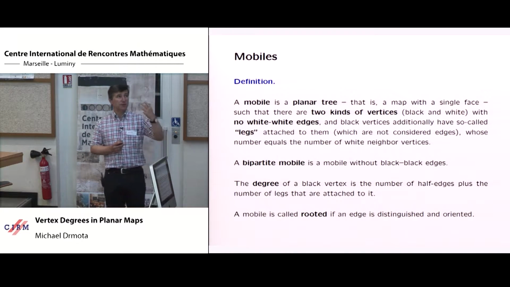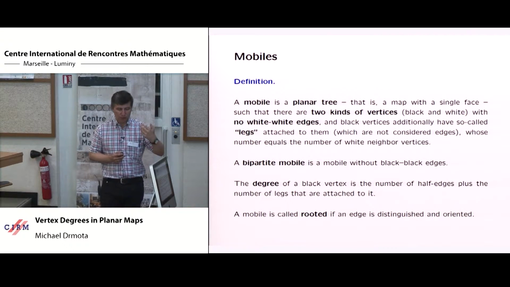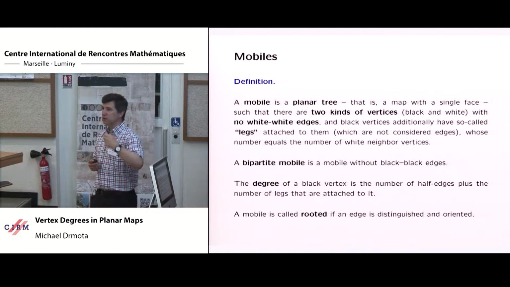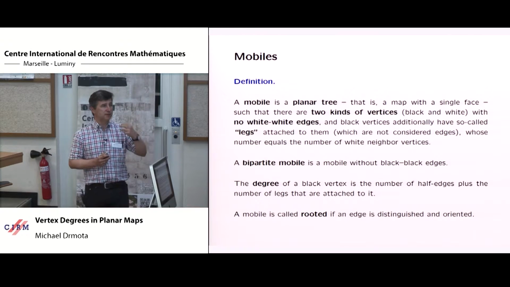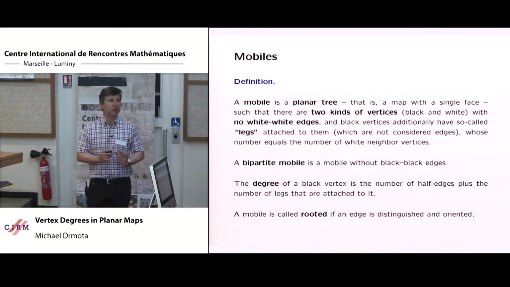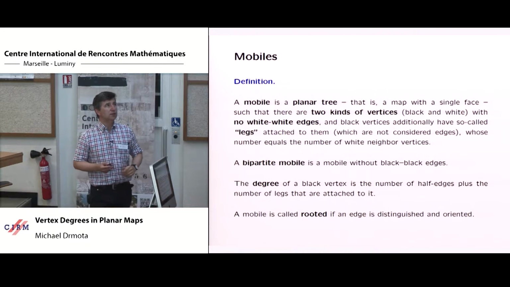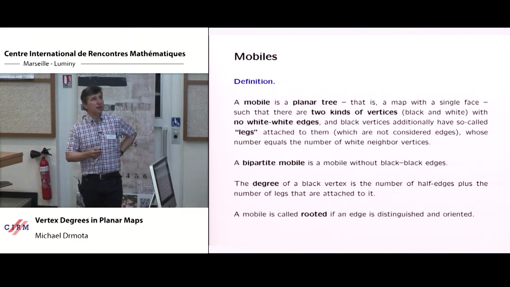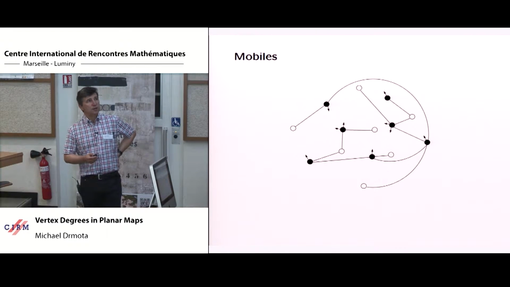Okay, but here I want to exploit this mobile also with respect to the degrees, so I have to be slightly more precise. This is not new, what I present here is just a collection of things that we really need. So what is a mobile? A mobile is a planar tree with two kinds of vertices. So this is an example.